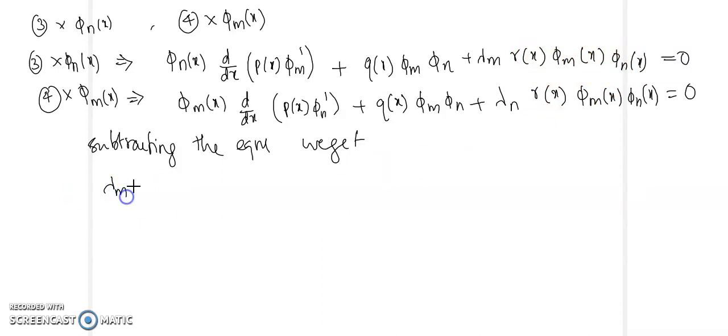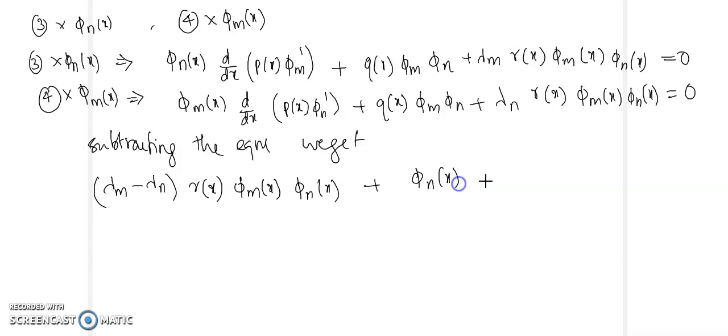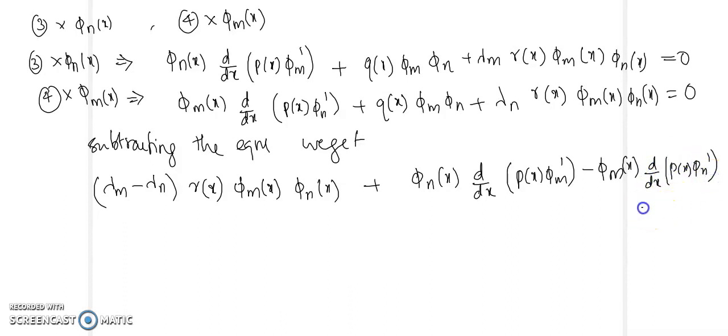So you are going to get lambda m minus lambda n times r of x into phi m of x phi n of x plus phi n of x d by dx of p of x phi m dash minus phi m of x d by dx of p of x phi n dash equal to 0. So when you subtract, you are going to get this.